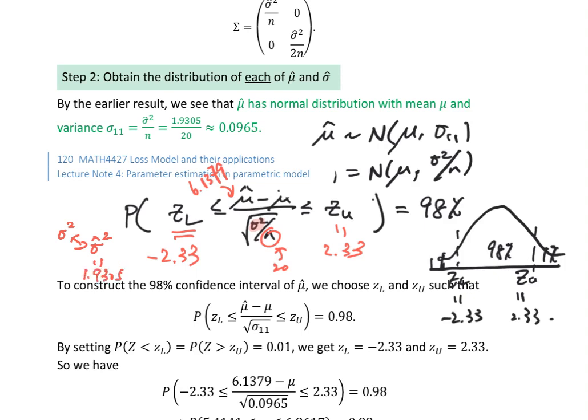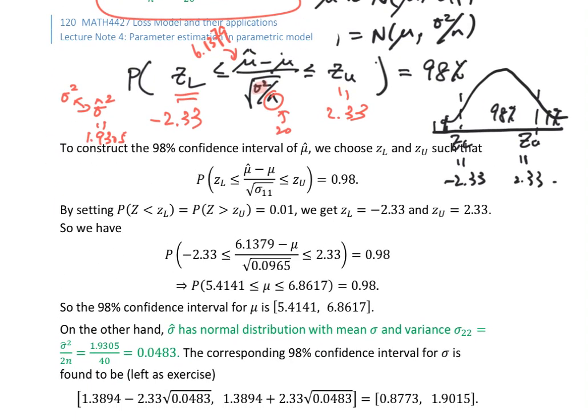So I approximate this variance, sigma square over n, by 0.0965. Then you just solve this inequality for mu, and you obtain that mu will be between 5.41 and 6.86 with probability 98%. That is the confidence interval we are looking for.